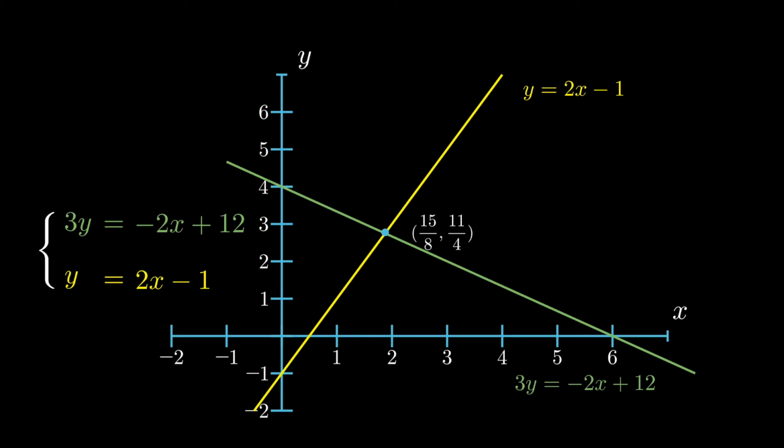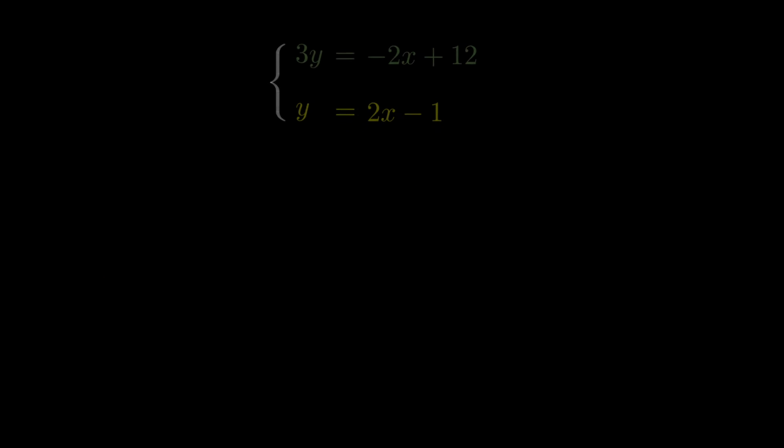So let's actually solve it the way you would do it in the exam. The method here that I will use is substitution. Firstly, let's label the first equation, equation 1, and the second equation, equation 2. As you can see, equation 2 is in the format y equals 2x minus 1, so we can substitute equation 2 into equation 1.